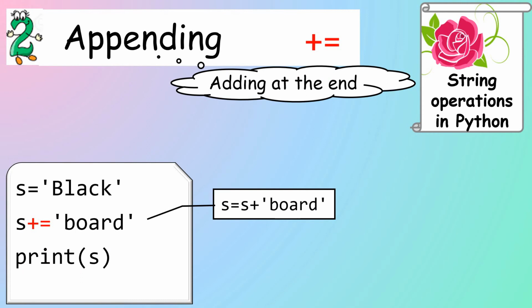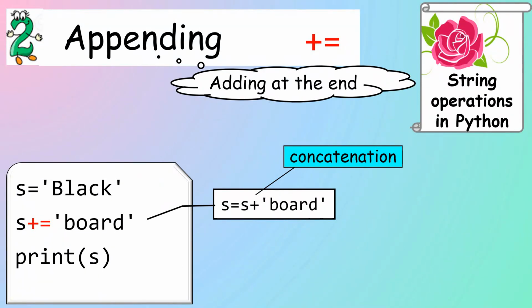So on the right hand side of this assignment statement, the value of S is black. So black plus board. Here plus is the concatenation operation. So black plus board will join the two strings together and make it into one string, blackboard.